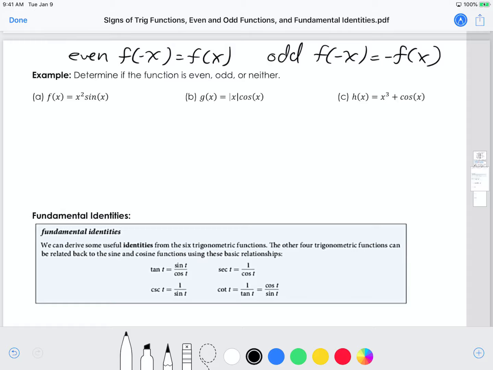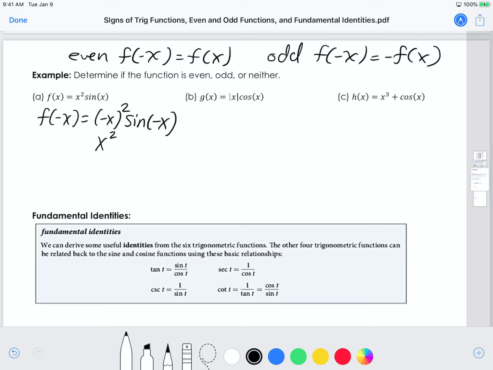So in example A, I'm going to replace all my x's with negative x's. Negative x squared is still going to give me x squared because the negative becomes a positive, right? Negative x times negative x is a positive x squared. Sine of negative x, if you look at your shaded box up at the top, we can see that sine is an odd function.